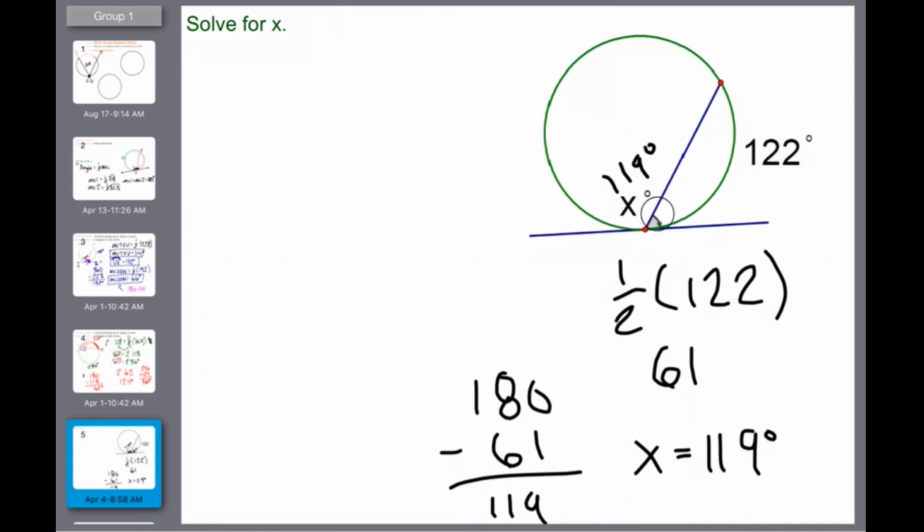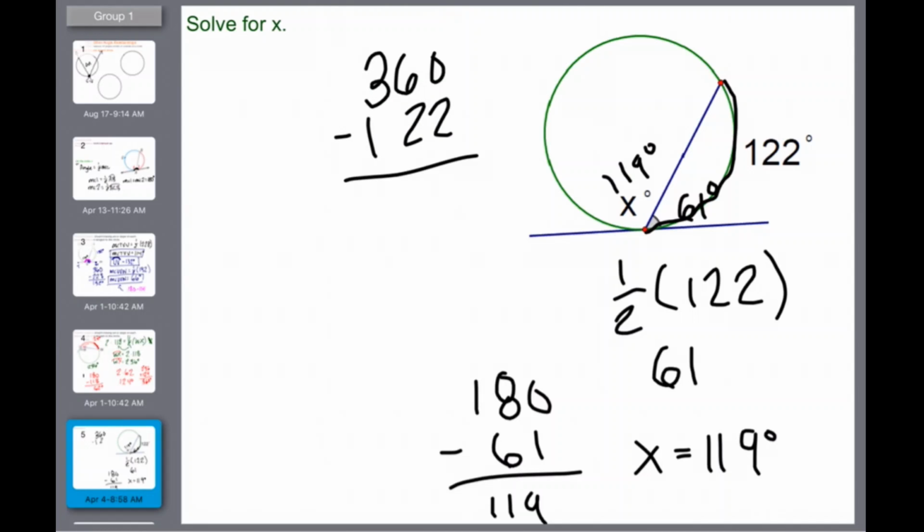All right. Another way that it can be done is we can go the whole circle route. So again, the whole circle is 360 degrees. If this part is 122, we can subtract that off for the rest of the arc on our circle, so the other arc that is not mentioned.